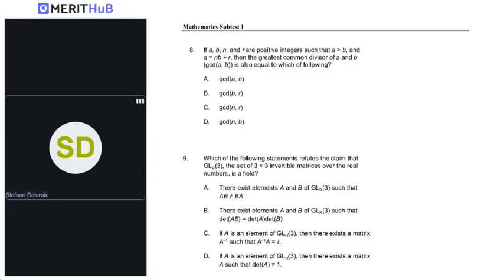Okay, so it's a little bit harder, this exercise. You got to read every answer and think about what does that say. And then, does that mean it's not a field? So what does answer A say? There exist two matrices such that AB is not BA.